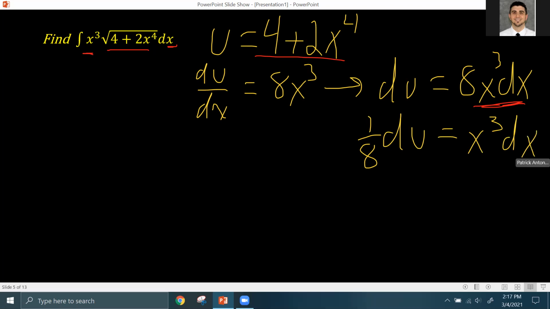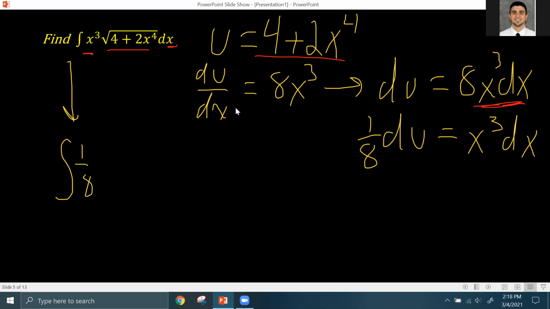Now here's the important part. When you use U-substitution, everything has to substitute in terms of u. All the x's and functions have to be in terms of u, as well as the dx. Now watch this. We can rewrite our integral. The x cubed and the dx are going to be replaced with 1/8 du.